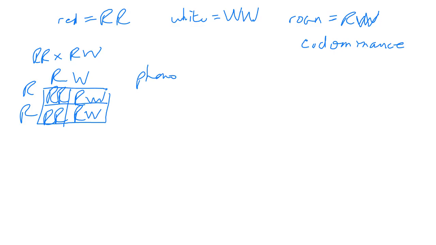So our phenotypic ratio is 1:1, red and roan. You could have said 50-50, right? That works too. Our genotypic is also 1:1, big R, big R and big R, big W. Or you could have said 50-50, right? That's fine. Or half and half.